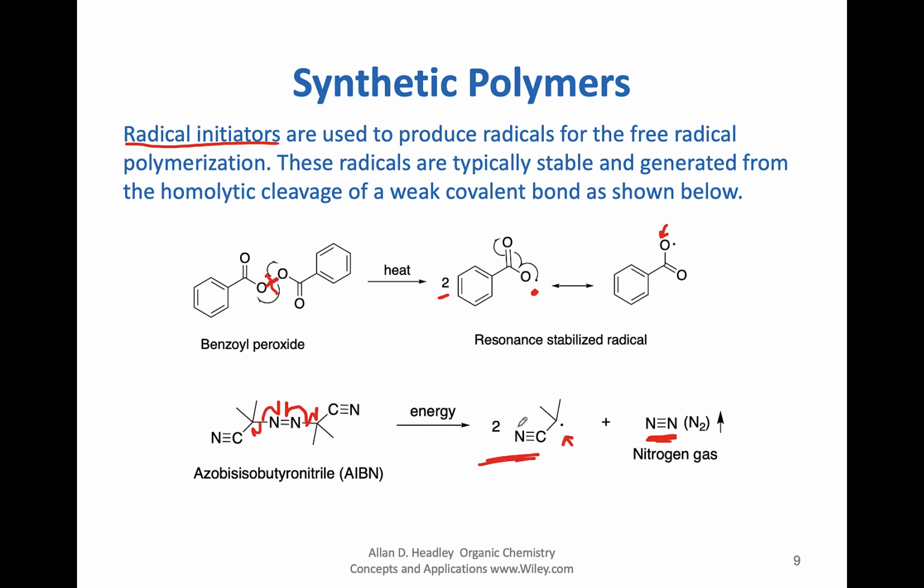Again, that's pretty stable because this electron here can delocalize into the cyano group. I'll just give you one example. So one electron here, and another one on the nitrogen. So there's a delocalization. So this is your radical initiator. So this reacts with monomers to form polymers in the end.